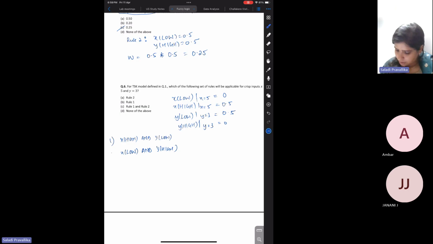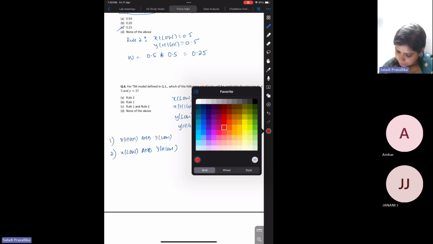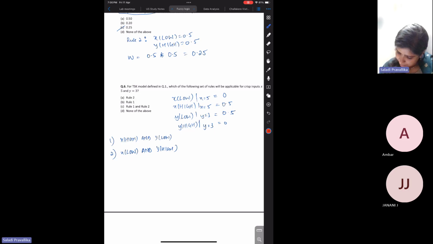So this is rule 1, this is rule 2. According to us, x high is 0.5, and y low is 0.5. So these two are non-zero, right? And this one is 0 and this one is 0.